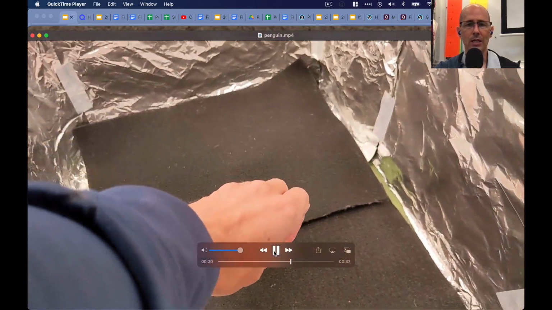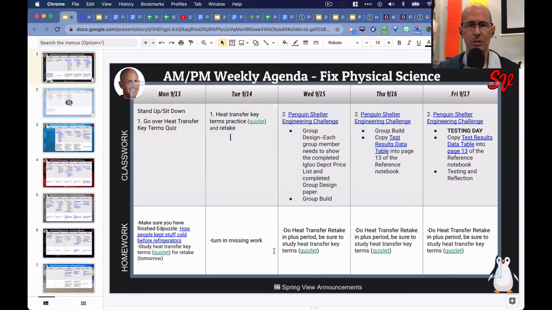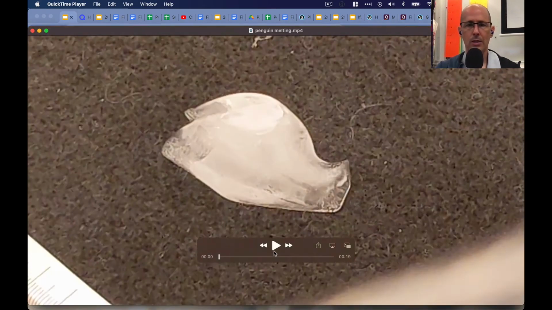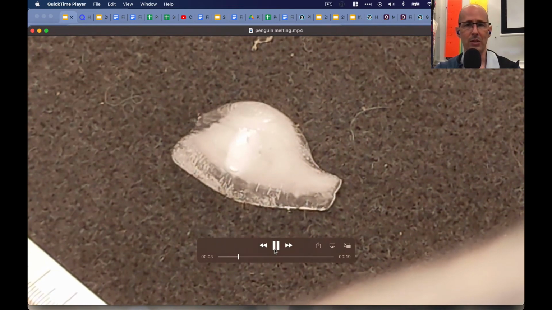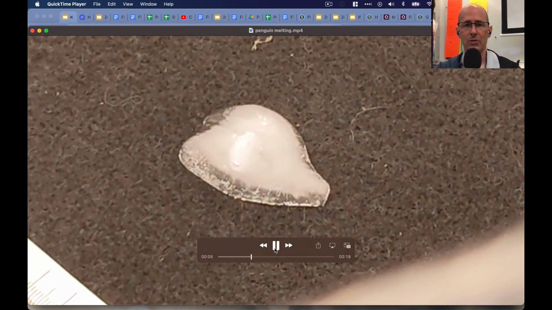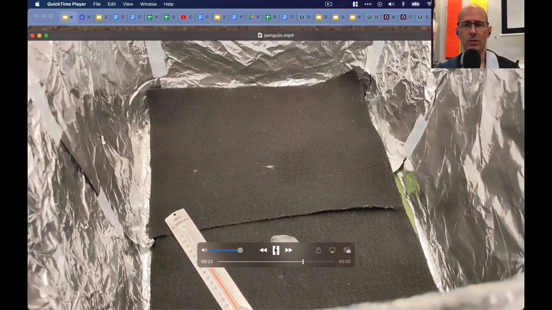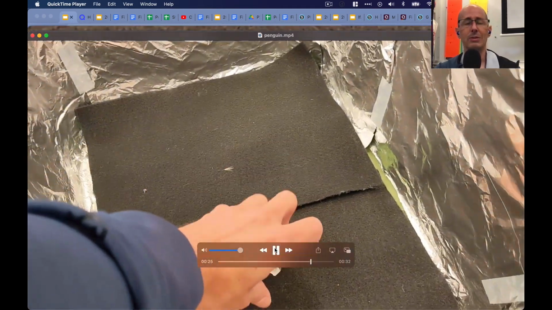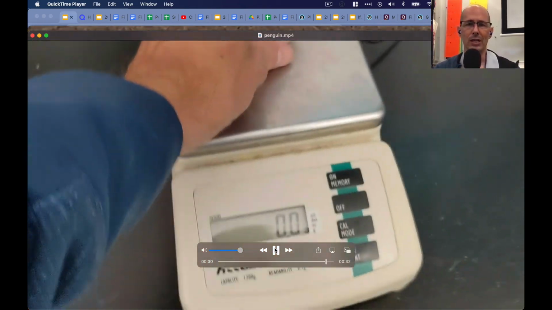While the penguin is in the shelter for 25 minutes, this might be happening to their ice cube penguin, some degree of melting. Then after the 25 minutes, we take the shelter out, take the penguin out of the shelter, and record the mass again afterwards.